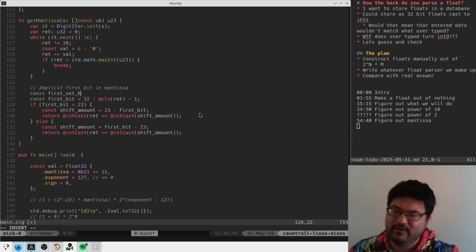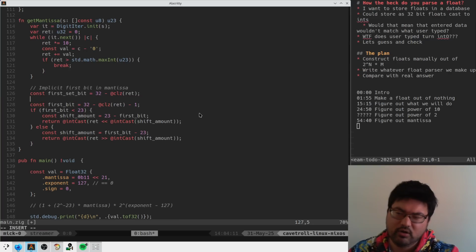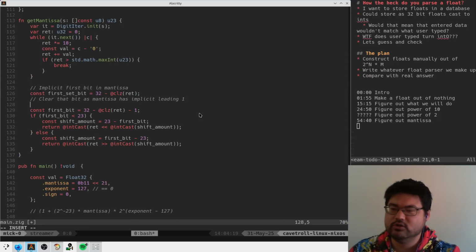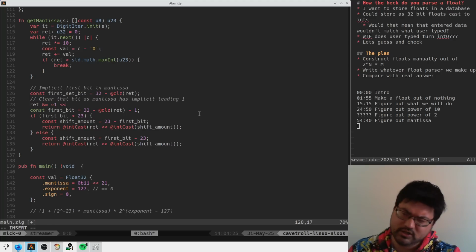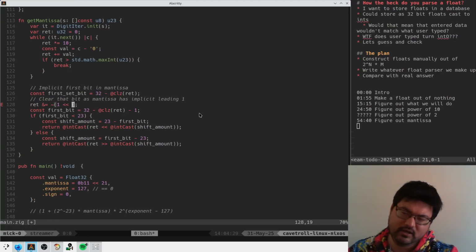First set bit is this. Right? We count leading zeros, subtract from 32. Now, we need to clear that bit as mantissa has implicit leading 1. So we need to do ret and-equals the bitwise not of 1 shifted left by something.